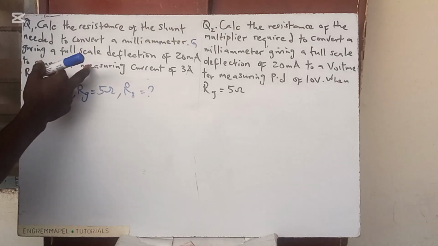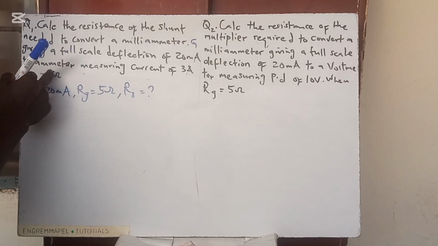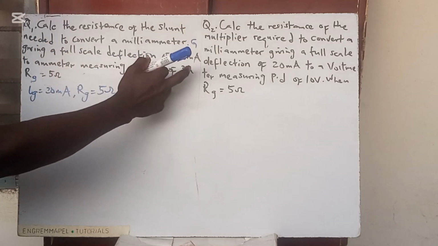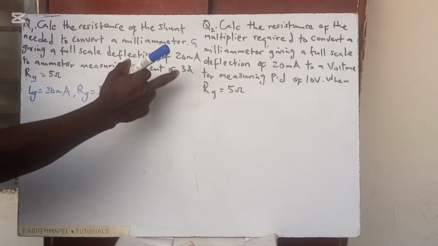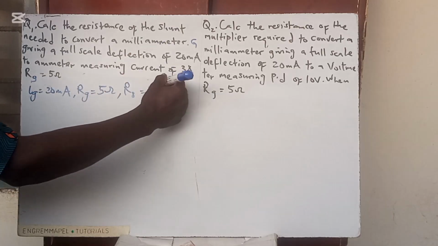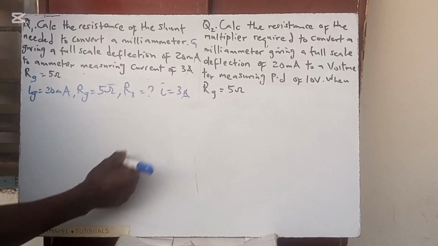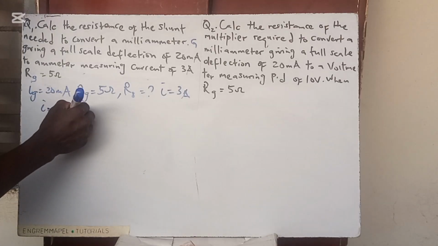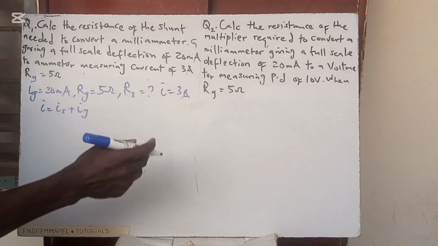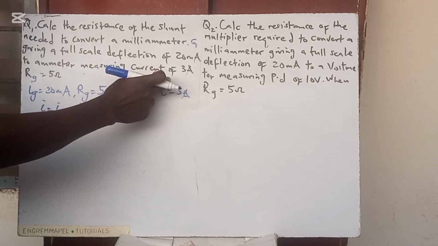The milliammeter is converted to an ammeter measuring the current of this. This is not the current of the shunt. This is the total current, so I equals 3. In order to get the current of the shunt, we are going to say I equals Is plus Ig, because they did not state that that is the current of the shunt.